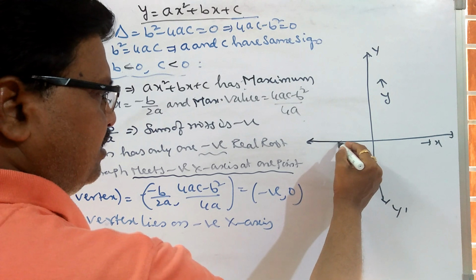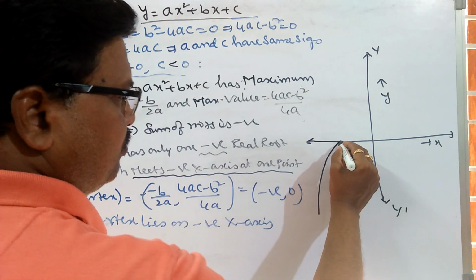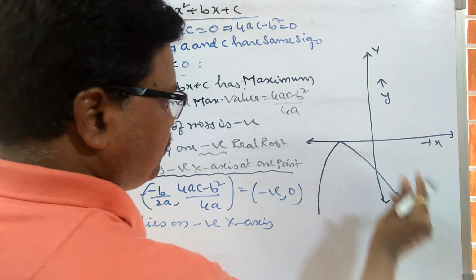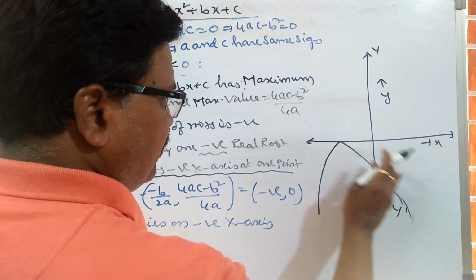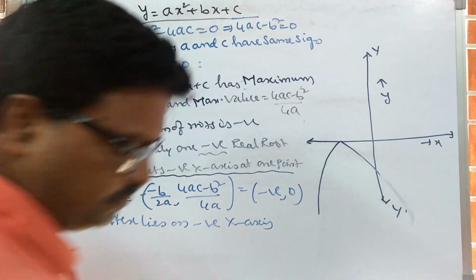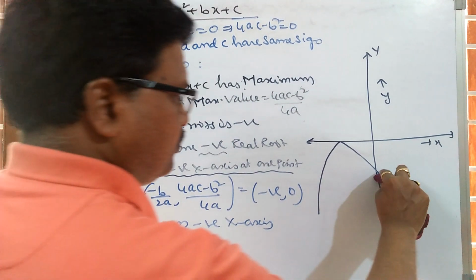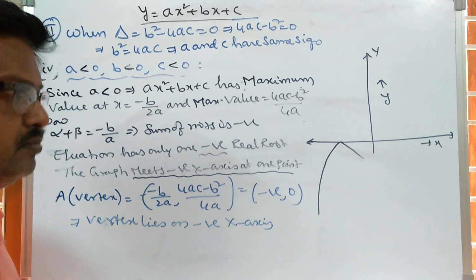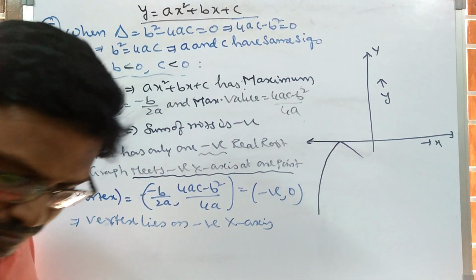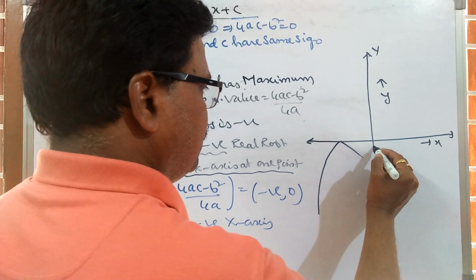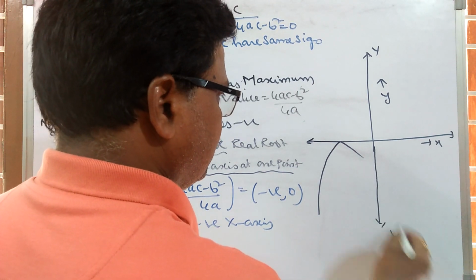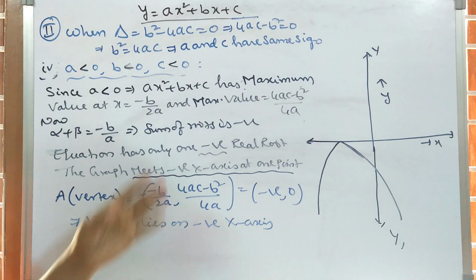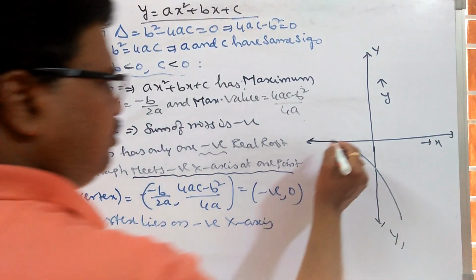That means the graph will be like this, and it is a downward parabola. Why? Because it is having only one negative real root.